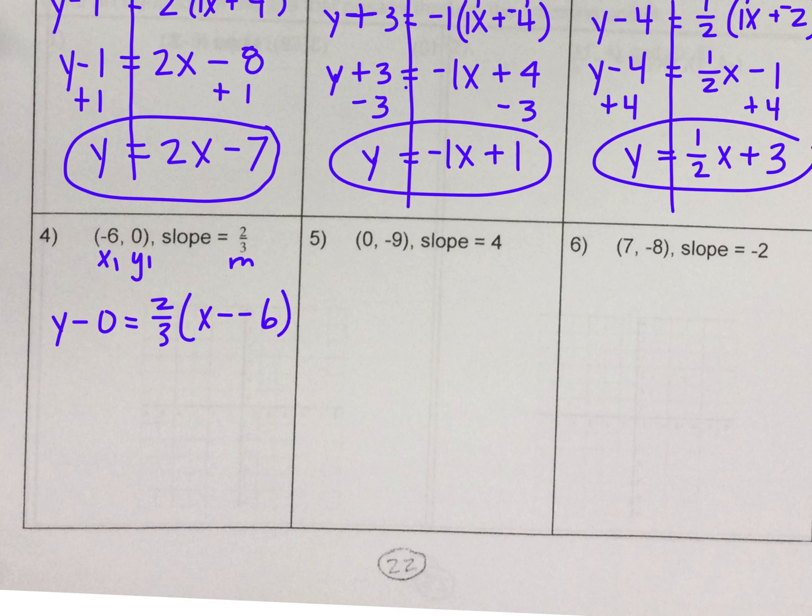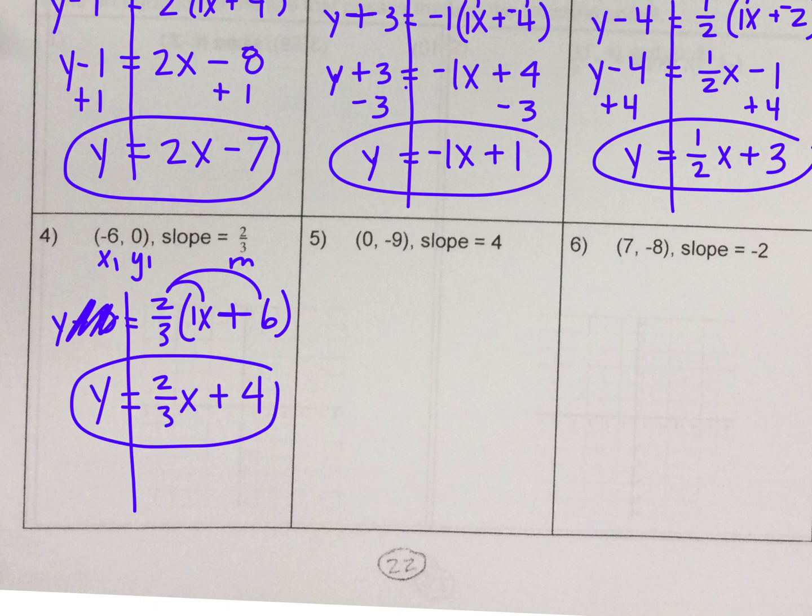Okay, 2 negatives right here are going to be a positive. y minus 0, well, that means nothing, so I'm just going to make that a y. Let's distribute. 1 times 2/3 is 2/3 x. 2/3 times 6 is plus 4. A lot of this is just using that calculator.